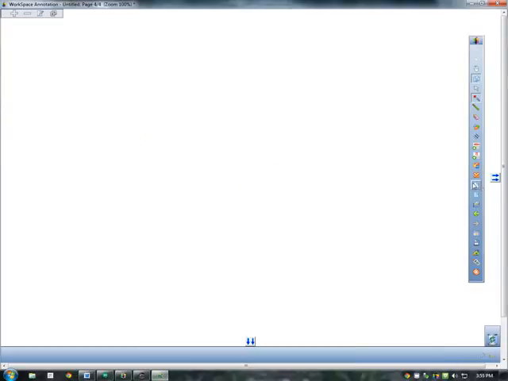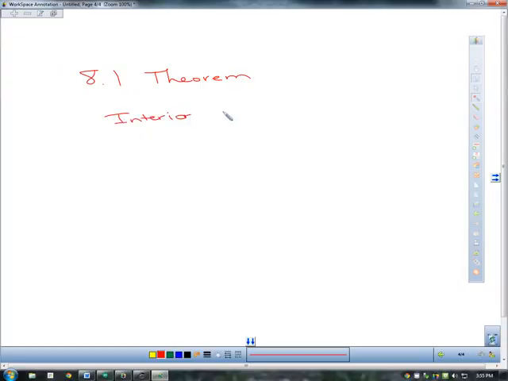Alright, so the first big idea in this section is a theorem, and it's the interior angle of a polygon theorem.